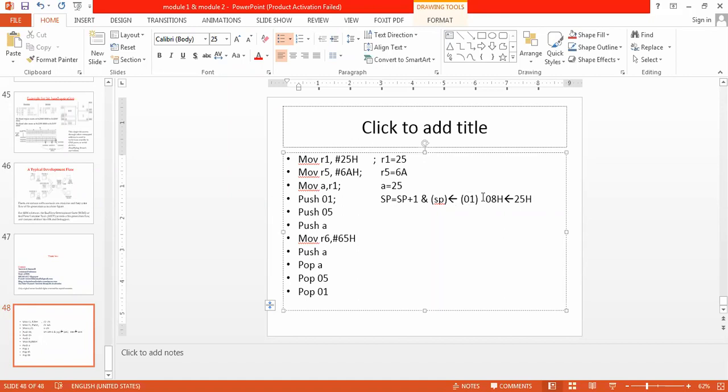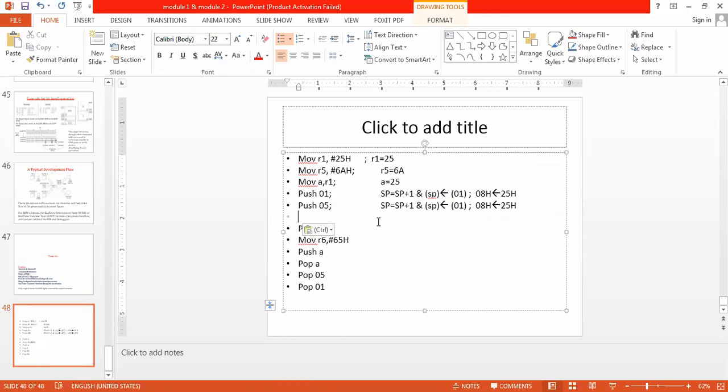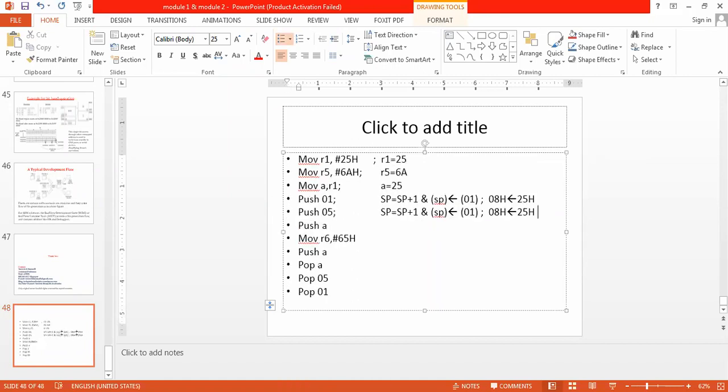Okay, see what is happening here. The same thing will happen here, and again the same thing will happen here. See what is happening when I say push 01. I am going to store the value of 01 memory location into the stack memory.